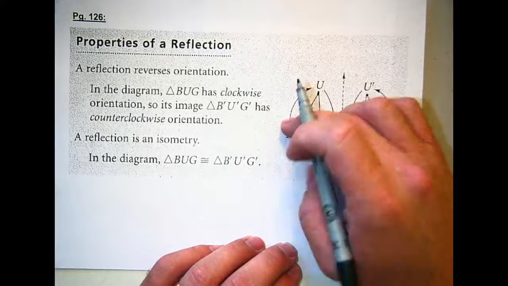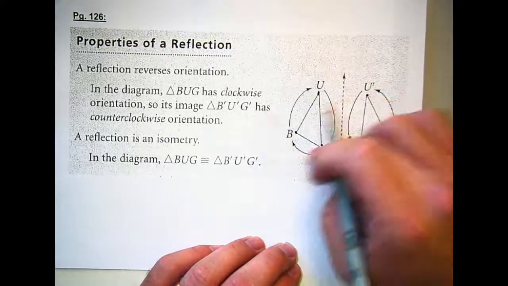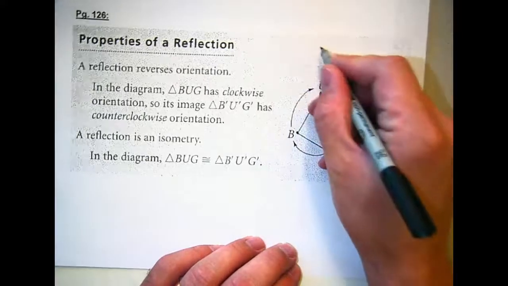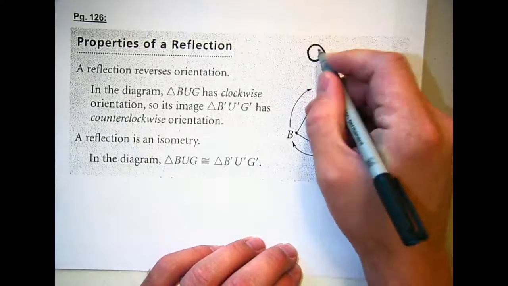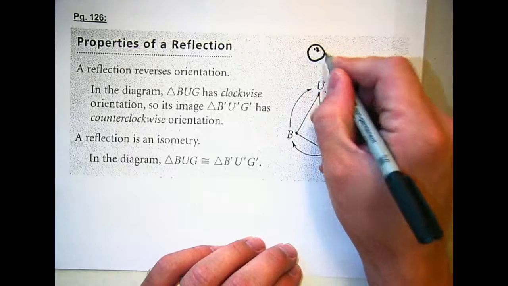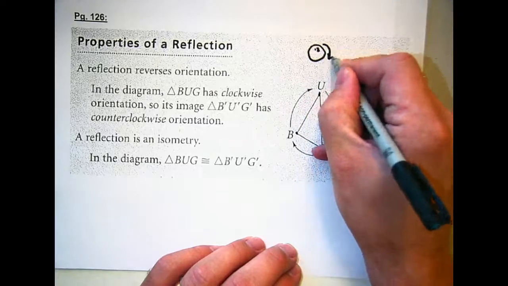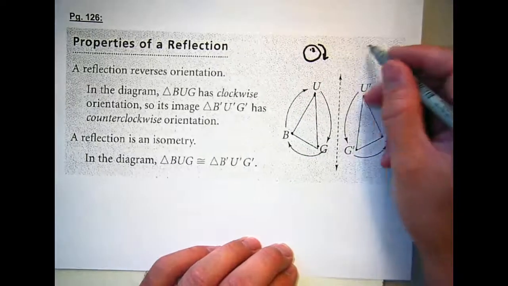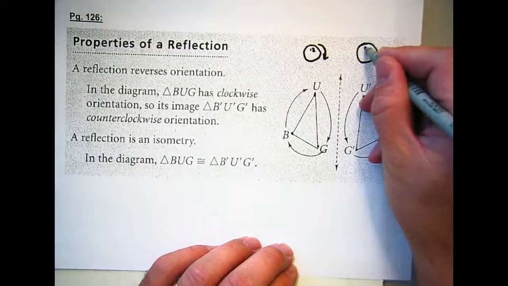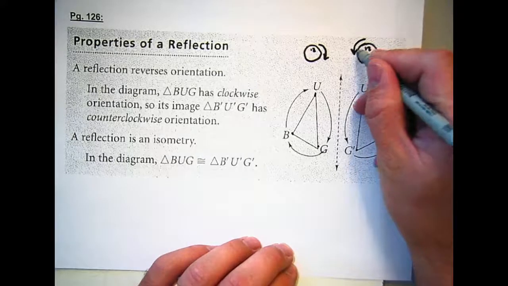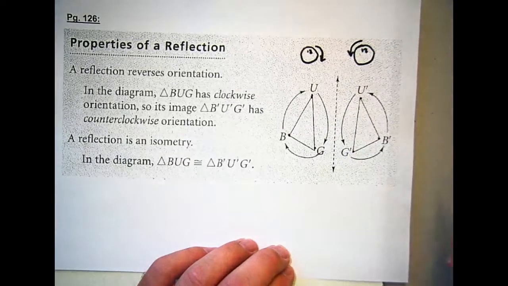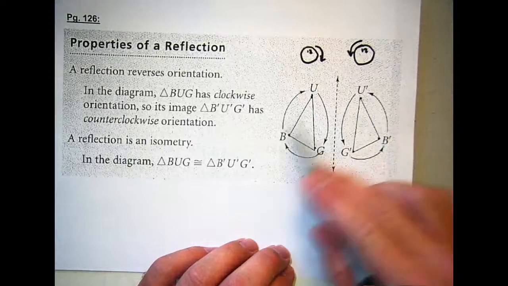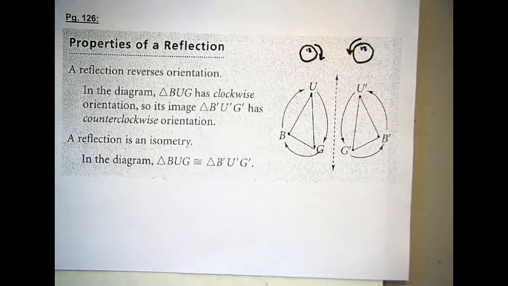Okay, so from B to U to G, you're going clockwise. For those of you who understand the face of a clock, a lot of you don't use them anymore, but there's 12 o'clock. You move around this way, that's clockwise, versus the face of the clock, you move around this way, counterclockwise. Okay? So this one's counterclockwise, this one's clockwise. That's a property of a reflection.